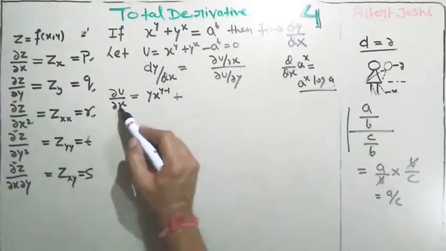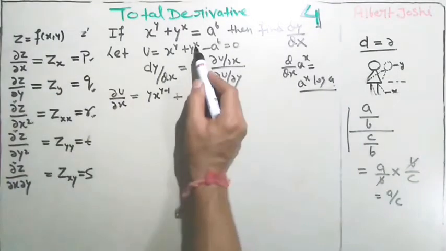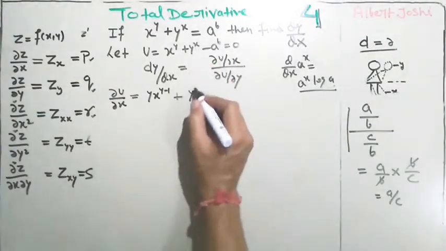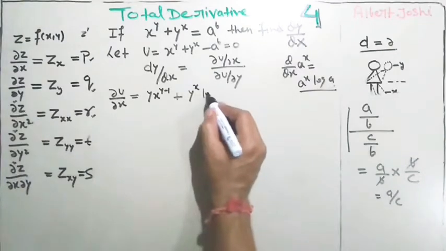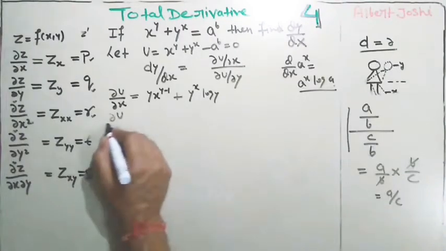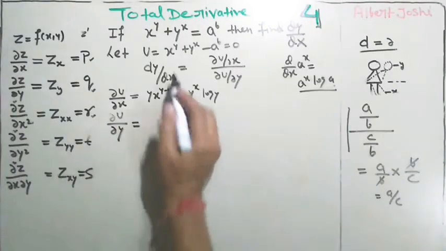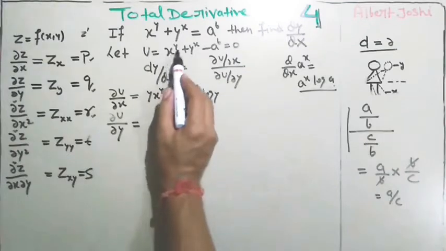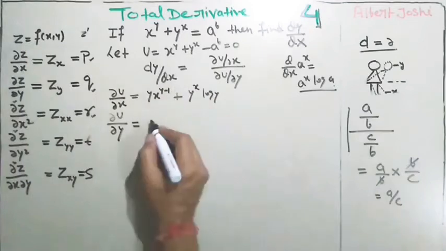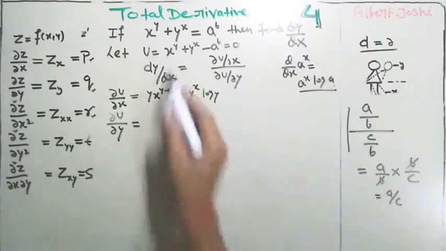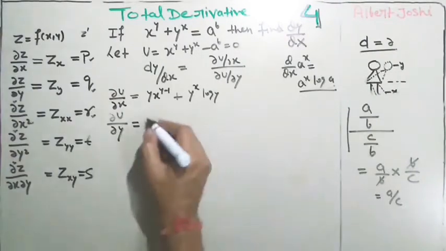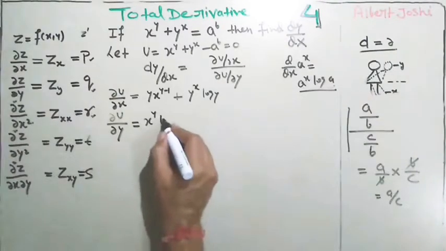This time we are differentiating with respect to x, so it is treated like a constant a, so you will write y to the power x and log y. This is constant, 0. Again you will differentiate with respect to y. Differentiating x to the power y with respect to y, you will write x to the power y and log x.